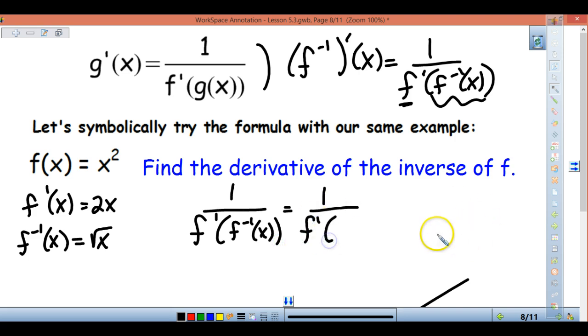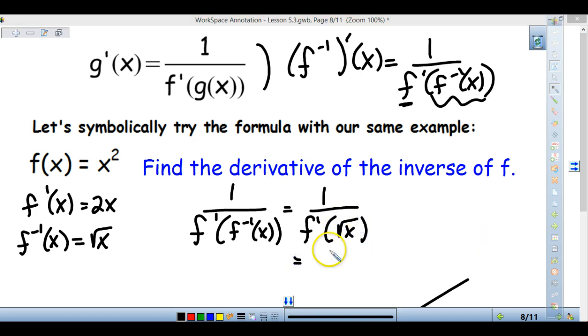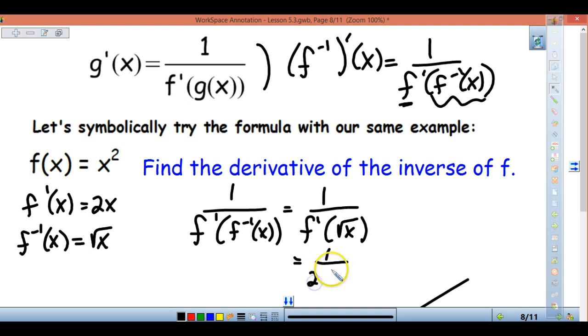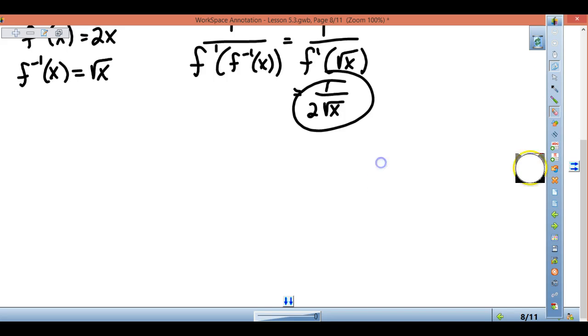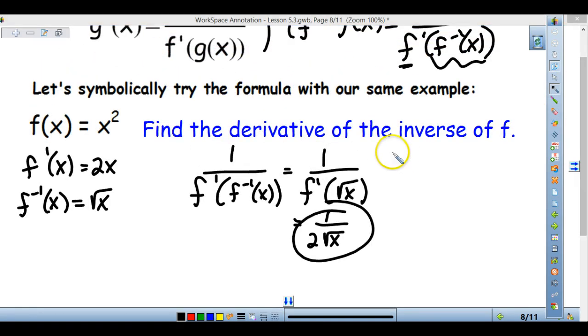I'm going to substitute in the inverse of x being the square root of x, and the derivative is 2x, so 2 with an input of square root of x. That's how I would use the formula we just learned to find the derivative of an inverse.